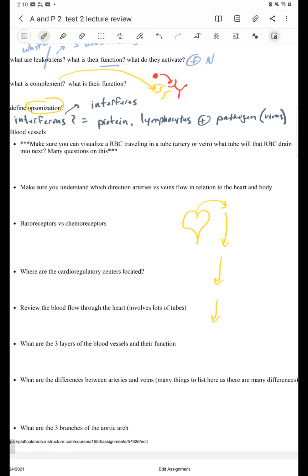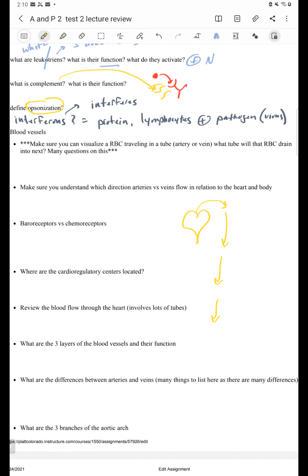And the cephalic vein drains into the subclavian vein, because it's working its way toward the heart. And then the subclavian vein eventually drains into the superior vena cava, and then the superior vena cava goes into the right atrium. Okay, so that's the direction that red blood cell is traveling.